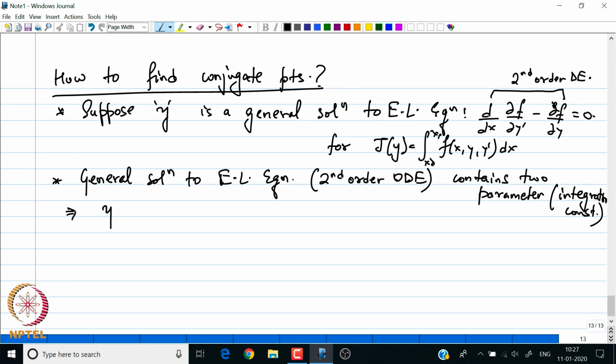I have y, my general solution to the Euler-Lagrange equation, as a function of the family of these two parameters C1 and C2.